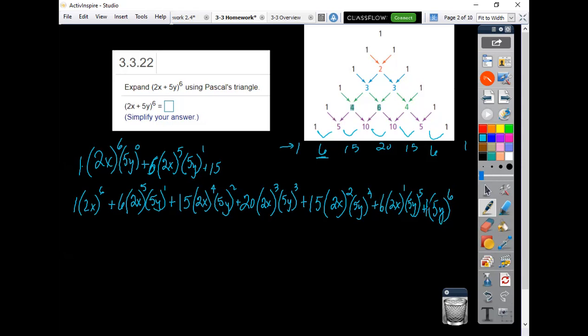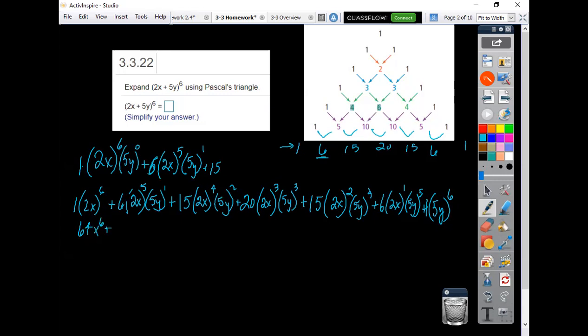So then you would have to multiply each of those out, because I think it says they want you to simplify it. I don't know how much that is simplifying it, but if you took the 2 to the 6th power on the first one, that's 64 x to the 6th there.